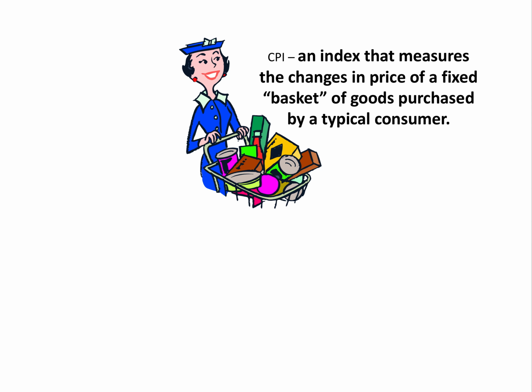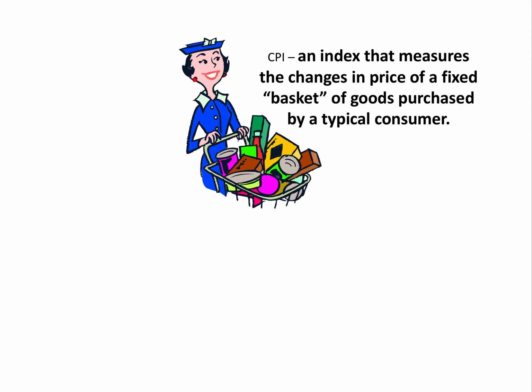So let's kind of take a look at this idea of what is this basket of goods, okay? And how are we going to come up with a way of adjusting that gross domestic product number, the nominal gross domestic product for a particular year, how are we going to adjust it for inflation? Well, the Department of Commerce came up with an interesting way of doing that. They came up with what they call an average basket of goods that the typical consumer would purchase.